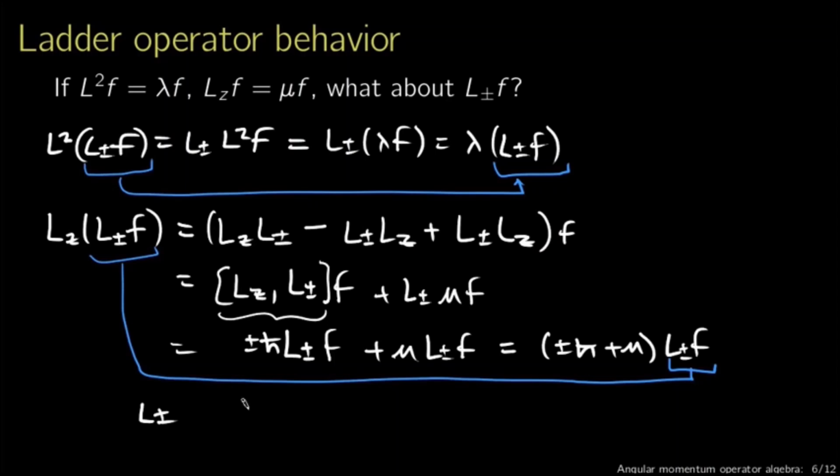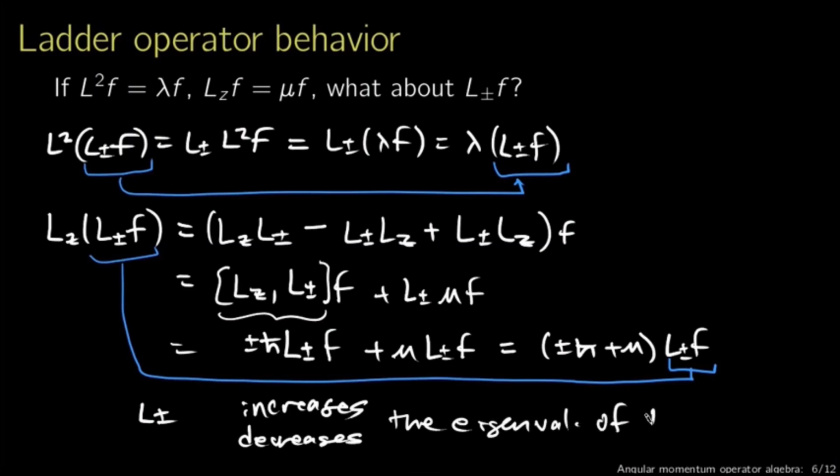L plus or minus increases or decreases the eigenvalue of Lz. So if F is an eigenstate, L plus or minus acts to produce another eigenstate with a slightly increased or decreased eigenvalue in the case of Lz. And this increase goes with the plus, and the decrease goes with the minus.